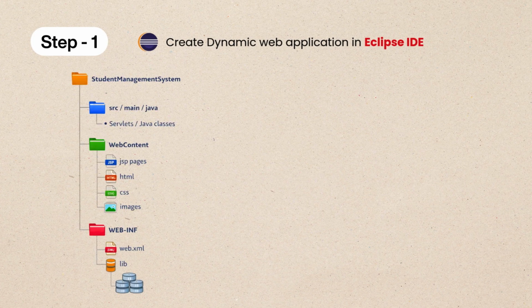This option provides a structured project folder for building Java web applications. The project will have a structure like this. Student Management System in the src/main/java folder is used to create Java classes such as servlets and other backend logic.